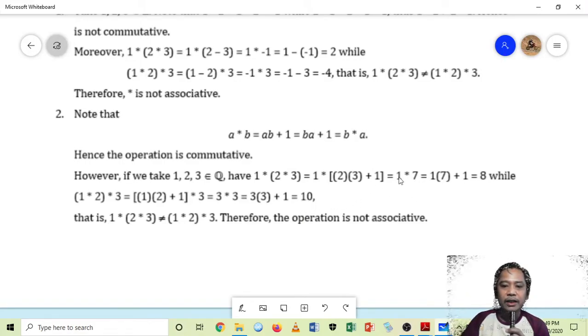Take note that they do not yield the same answers. So 1 operation the quantity 2 operation 3 is not equal to the quantity 1 operation 2 operation 3, meaning the operation is not associative.